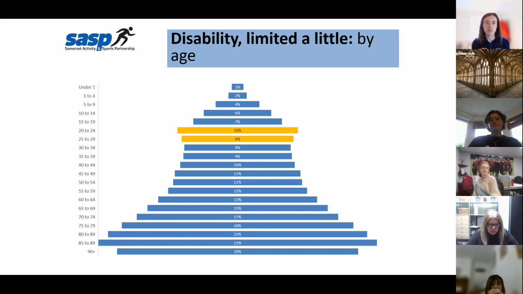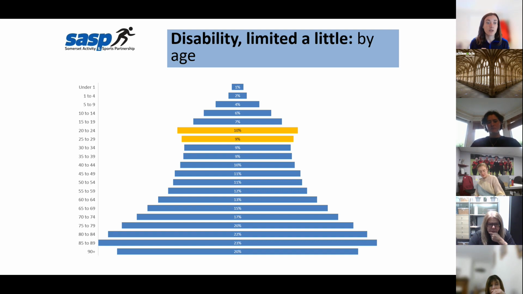Younger people are more likely to report that they have a disability that limits their day-to-day activities a little rather than a lot. However, what is unusual this time is that again we're seeing higher proportions in their 20s, and this is particularly driven by mental health, and in particular females in Somerset.